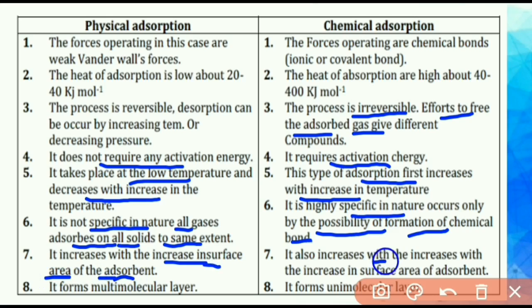Chemical adsorption also increases with increasing surface area of the adsorbent. Last, physical adsorption forms a multimolecular layer, but chemical adsorption forms a unimolecular layer.